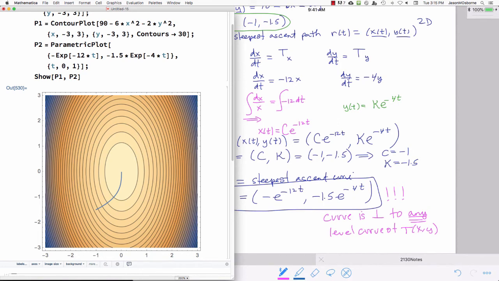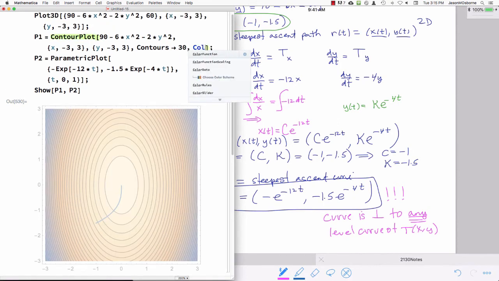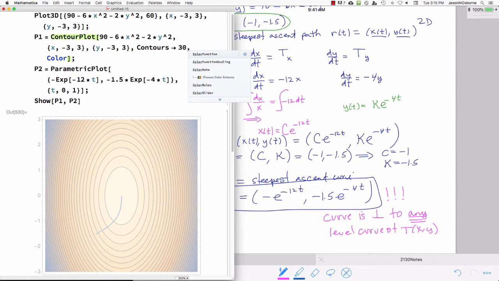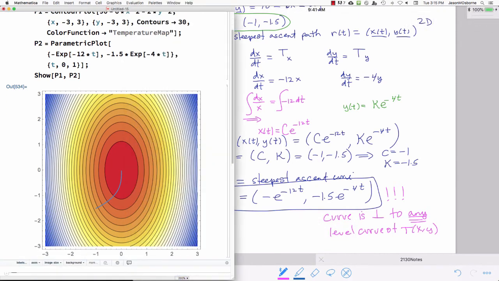Now, one thing that's hard to tell here is with this color scheme, if you make the color function a temperature map, then you'll get a sense of where the hot is. Blue is cold, red is hot. So here's where our insect started, at the point -1 for x, -1.5 for y.